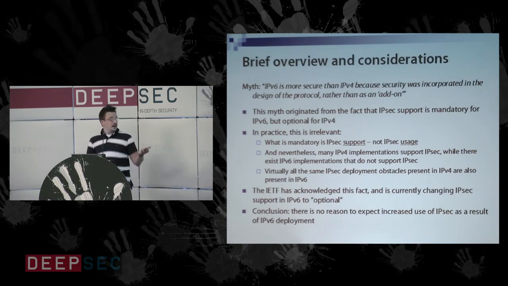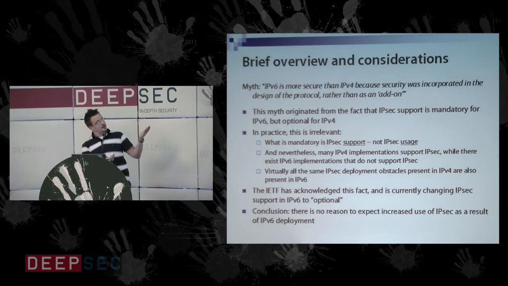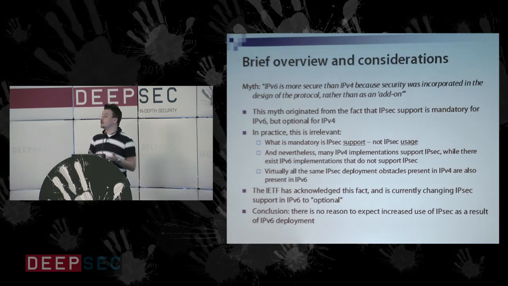And even then, what's required by the specifications is IPsec support, but not usage, which means that you could have the IPsec support there, but that doesn't mean that the hosts are really using IPsec. So in summary, it's really not true that V6 is more secure than before, and it's also not true that we are going to have increased use of IPsec just because of IPv6 deployment, even though many people argue about this.